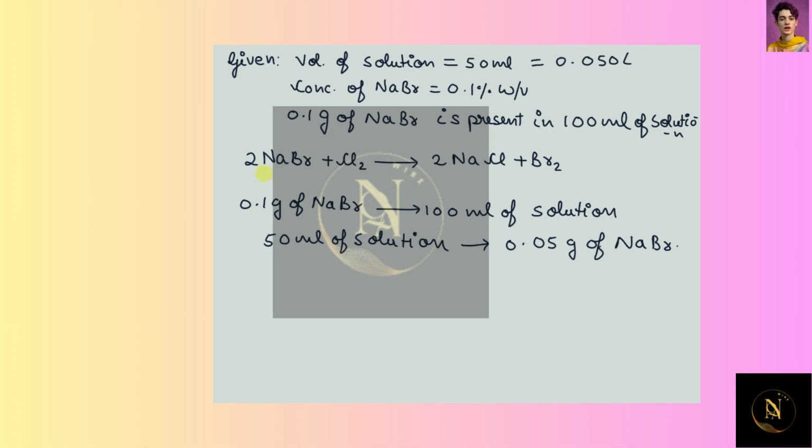Now we will be calculating the number of moles. So let's calculate the number of moles of NaBr present in the solution. We will be using this formula where the number of moles, denoted by n, is equal to the weight upon the molar mass.